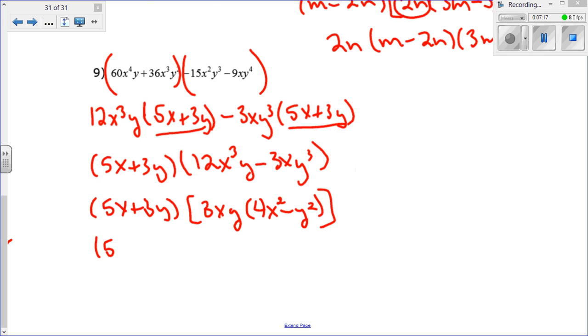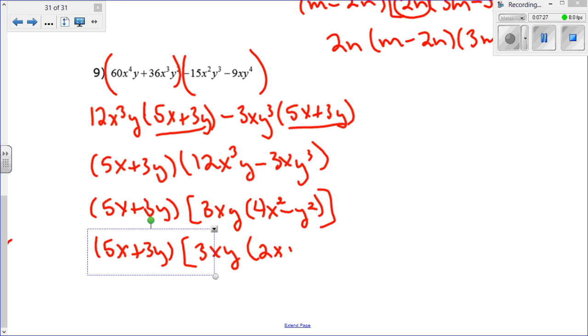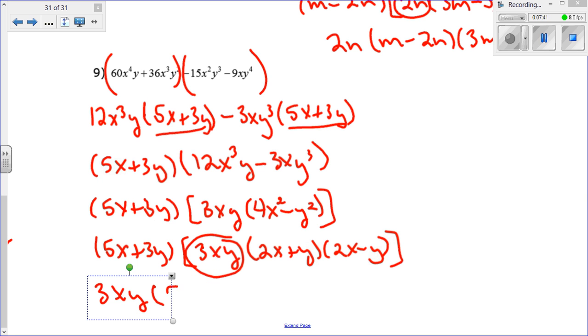So we have 5x plus 3y and 3xy, and this becomes 2x plus y and 2x minus y. Now just to clean it up, I will bring my single GCF out in front, so 3xy, and then I have 5x plus 3y times 2x plus y times 2x minus y.